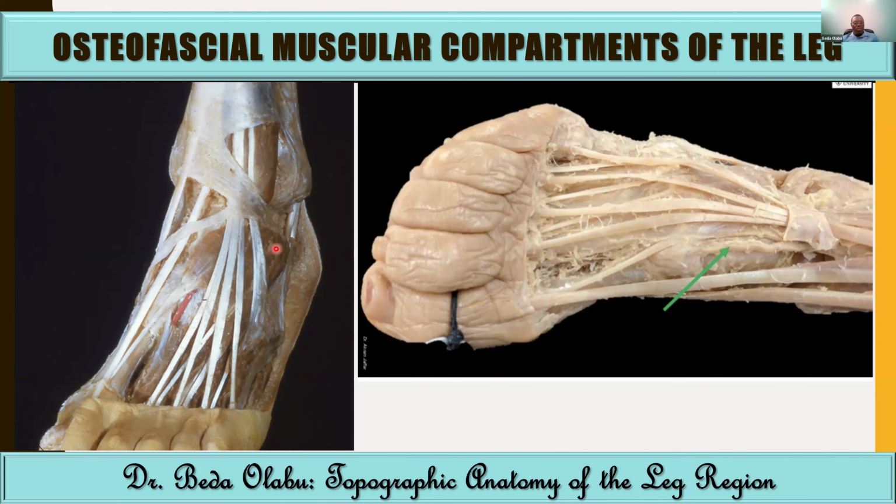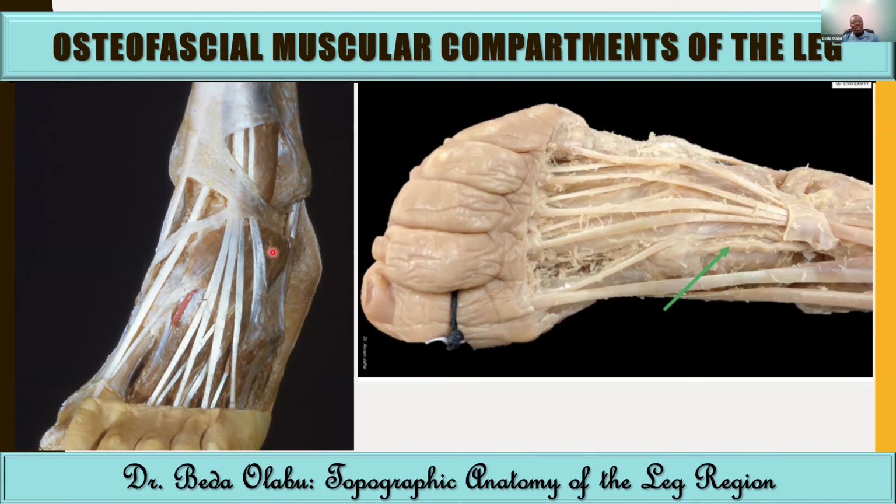The tendon slips of the brevis go onto the medial 4 toes, which means that the hallux also receives one of the slips and then the other 3. So this small toe does not usually receive a tendon slip from extensor digitorum brevis.